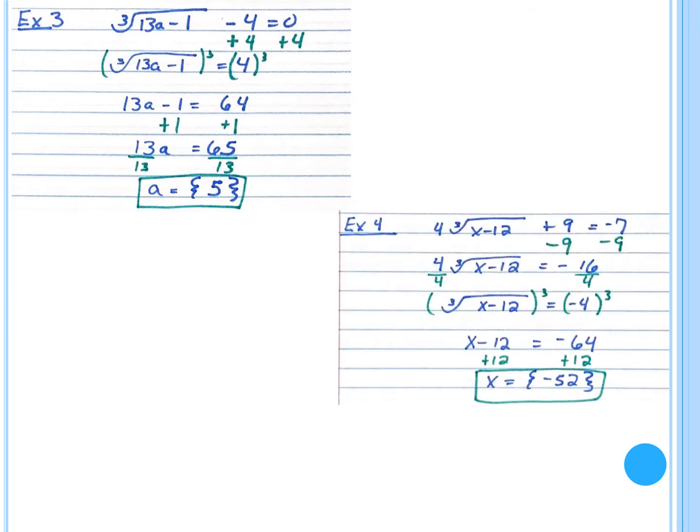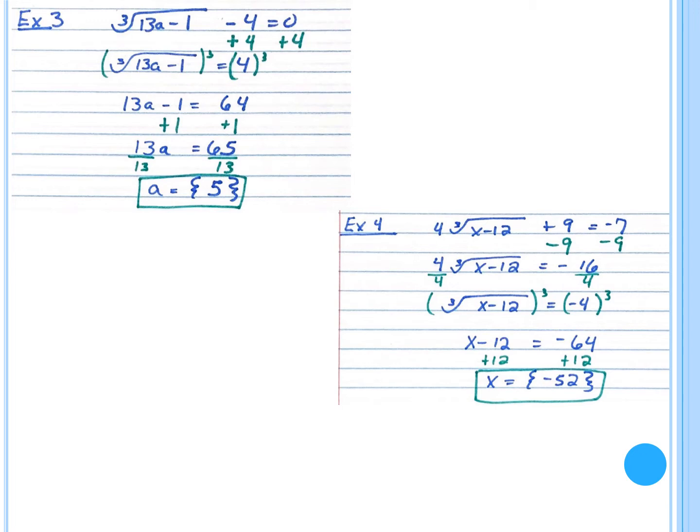If you look at example 4, same idea, except this time I had to subtract 9 and then divide by 4 to isolate the cube root. Then once I isolated the cube root, I cubed both sides, and again it became a linear equation that I had to solve.